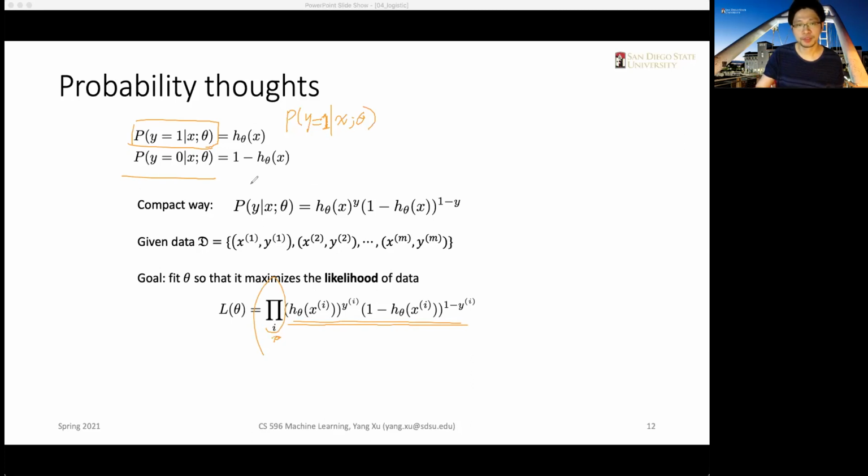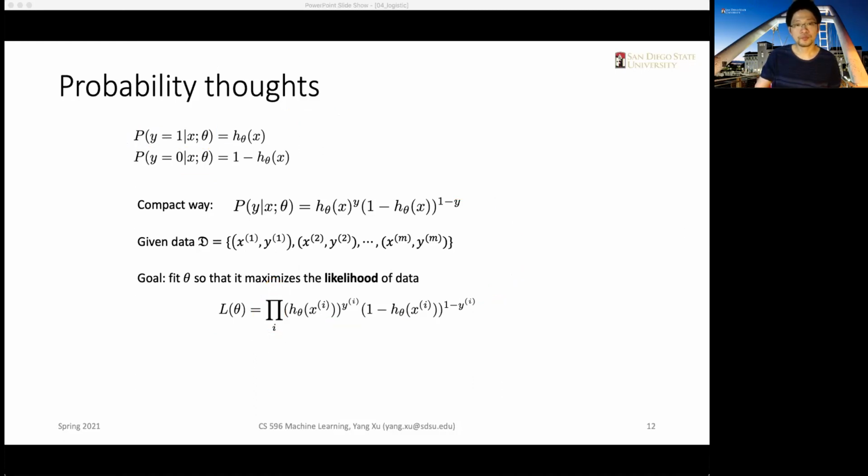Okay, so we simply substitute this term into this likelihood term. So this is the likelihood, and we want the likelihood to be maximized, right? Because we want the thetas to make good predictions. We want the probabilities to be as big as possible.